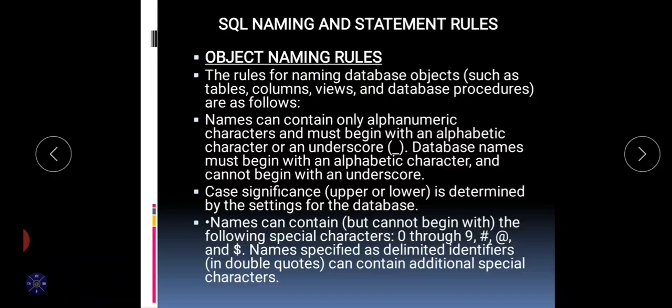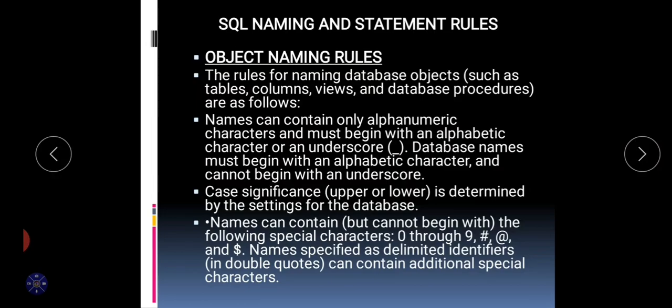Next one, object naming rules. What are the rules? The rules for naming database objects such as tables, columns, views and database procedures are as follows. Names can contain only alphanumeric characters and must begin with an alphabetic character or underscore. Database names must begin with an alphabetic character and cannot begin with an underscore.